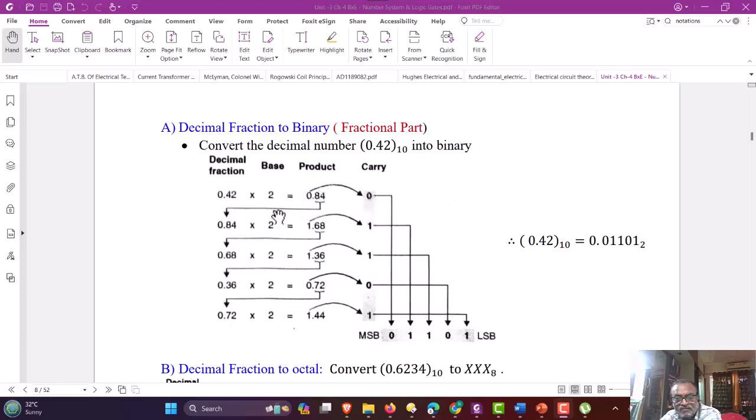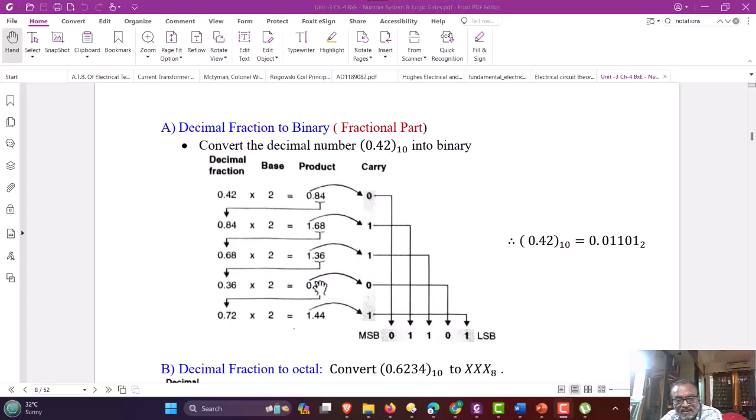Take the fractional portion again, 0.84 multiplied by 2. After multiplication we get the product 1.68, so the carry is 1 and the fractional portion is 0.68. The fractional portion is continued in the successive multiplication and the corresponding carry is noted down.